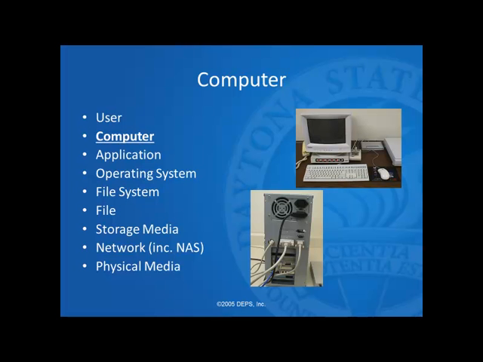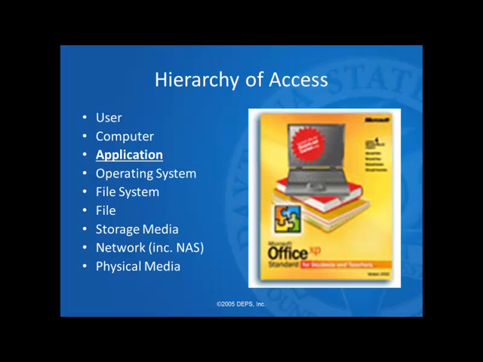So really, people don't buy computers, they really buy them for the next two items on our hierarchy of access. Ultimately, people buy computers because they want them to do something. And the thing that actually does something that is very often the goal of the user is the application.